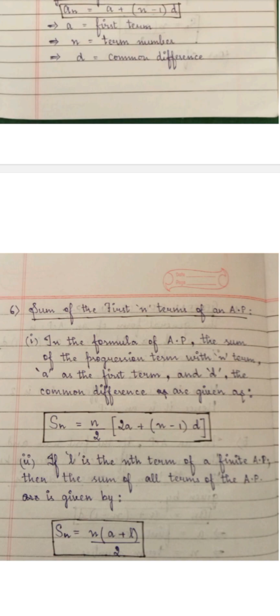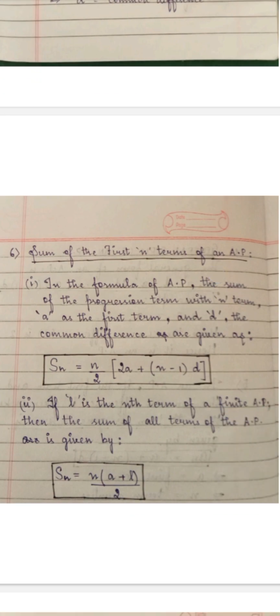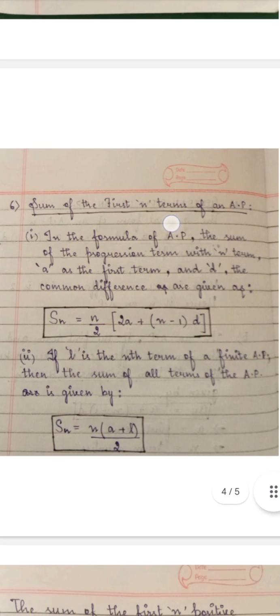If these are given, we can find the summation of the series by the formula Sn equals n by 2 into 2 times a plus n minus 1 into d, where n is the number of terms, a is the first term and d is the common difference of the AP.